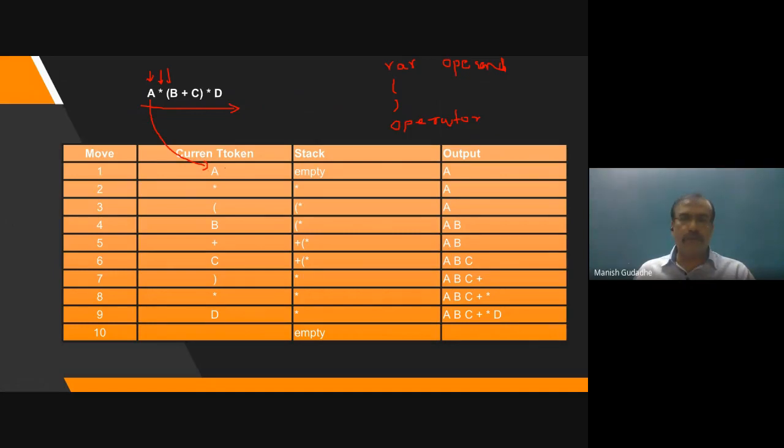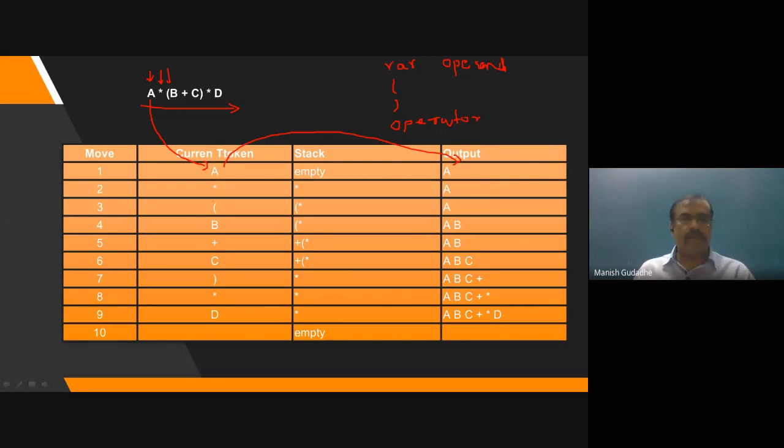If it is an operand, we are not going to push it onto the stack. We are going to put it into the output string. So what are we constructing? We are constructing a postfix expression of this infix expression. So A is scanned, and A is put in the output string.